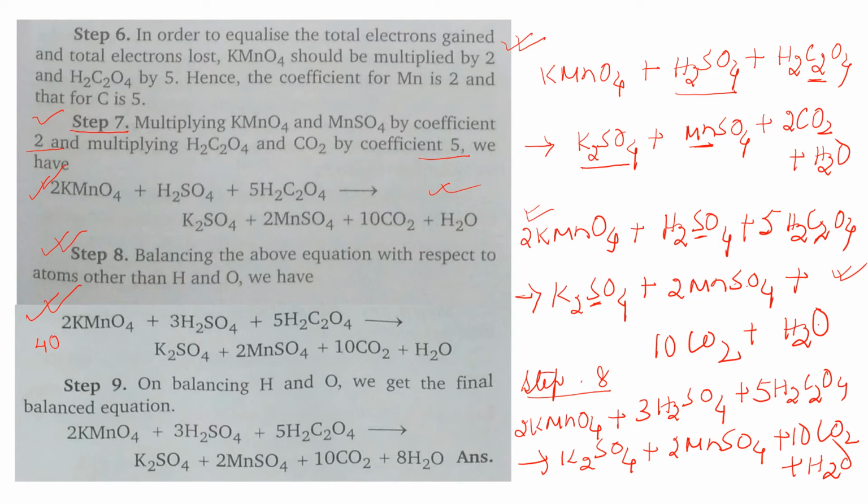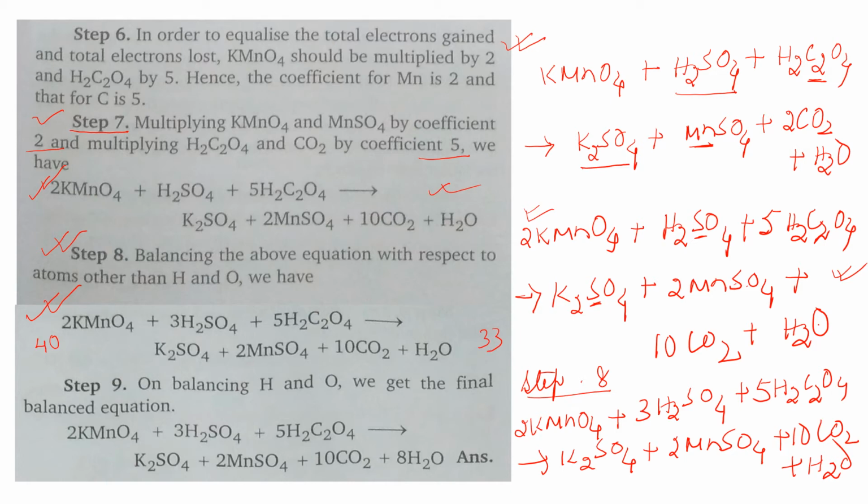In the right hand side it is 4 and 8, 12, 12 and 20, that is 32, and 1, so 33. This side is 33. That means 7 oxygen less.